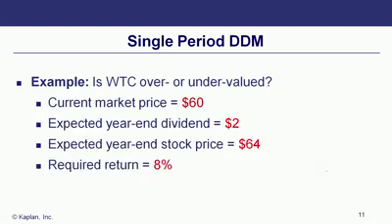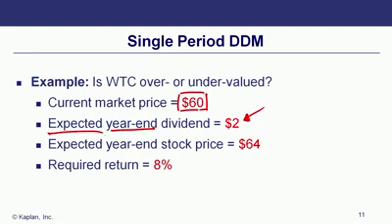We're looking at a stock called WTC, and we want to know is it over or undervalued. Current market price, $60. We are going to compute from our dividends an intrinsic value and compare it to that $60. Expected year-end dividend is $2. Get into good habits. That is the year-end dividend.